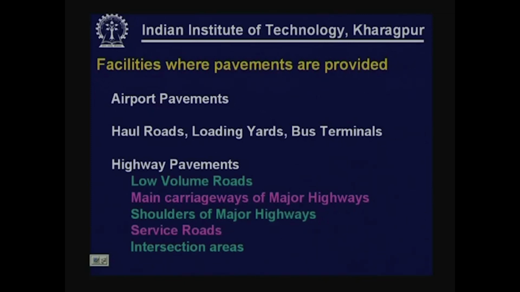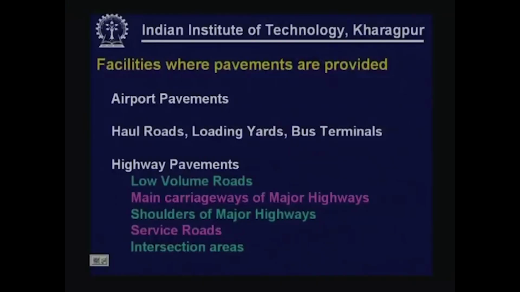We can build payments for low volume roads, and you have major highways wherein you can have main carriageways, you can have shoulders of main carriageways. You can also provide payments for service roads which run parallel to the major carriageways, which carry normally very low volumes of traffic. We also have intersection areas to be considered, where also you have to provide payments.